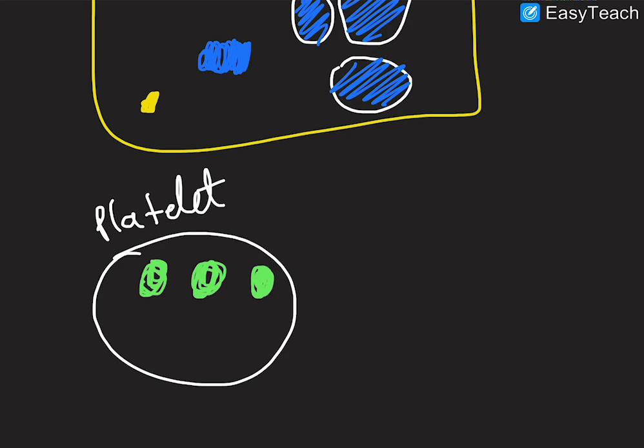So that means these dense granules cannot be distributed properly inside the cell. So what happens is the dense granules actually accumulate like this inside the platelets, and that's going to lead to platelet dysfunction, which can lead to bleeding. So that's talking about platelets.